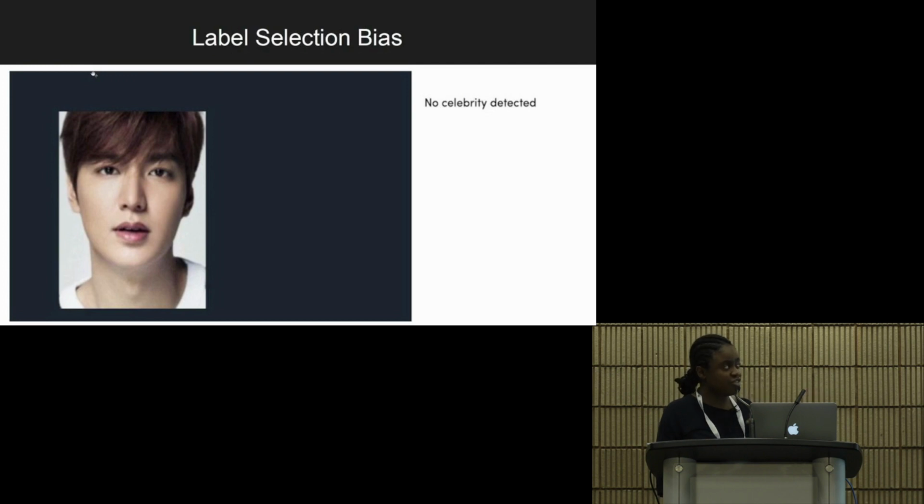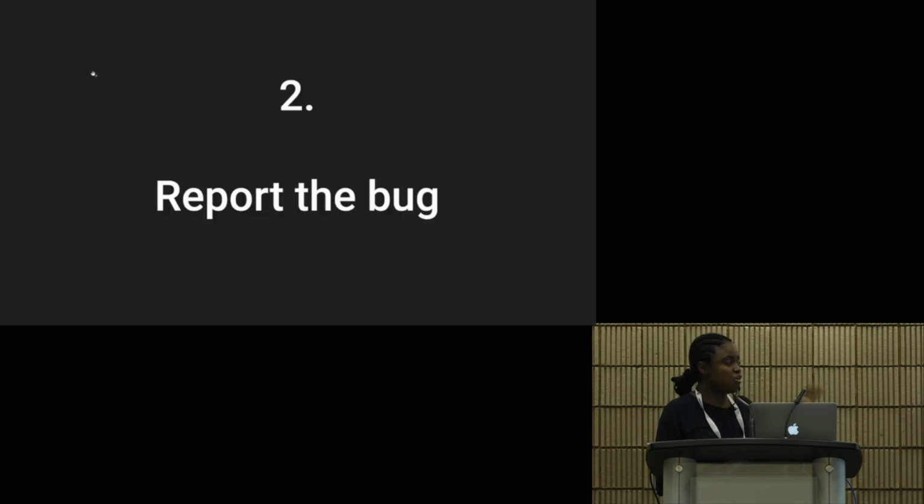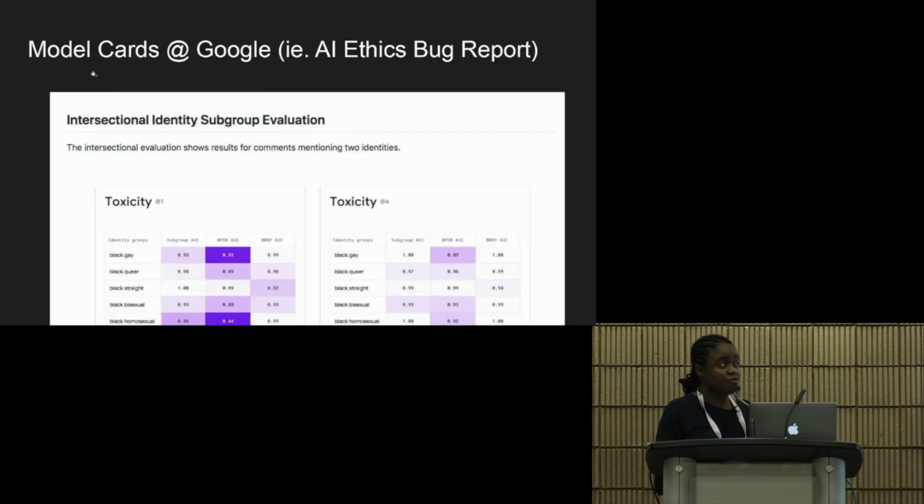Another one I wanted to mention is the idea of label inclusion. Here is one of the most recognizable faces in Asia. He's a very popular Korean actor, but he's not included in this particular celebrity model. We did audit this commercial API model, just looking at the demographics of the celebrities included in the model, and out of 10,000 celebrities that they claim to identify, over 74% of those celebrities are white.